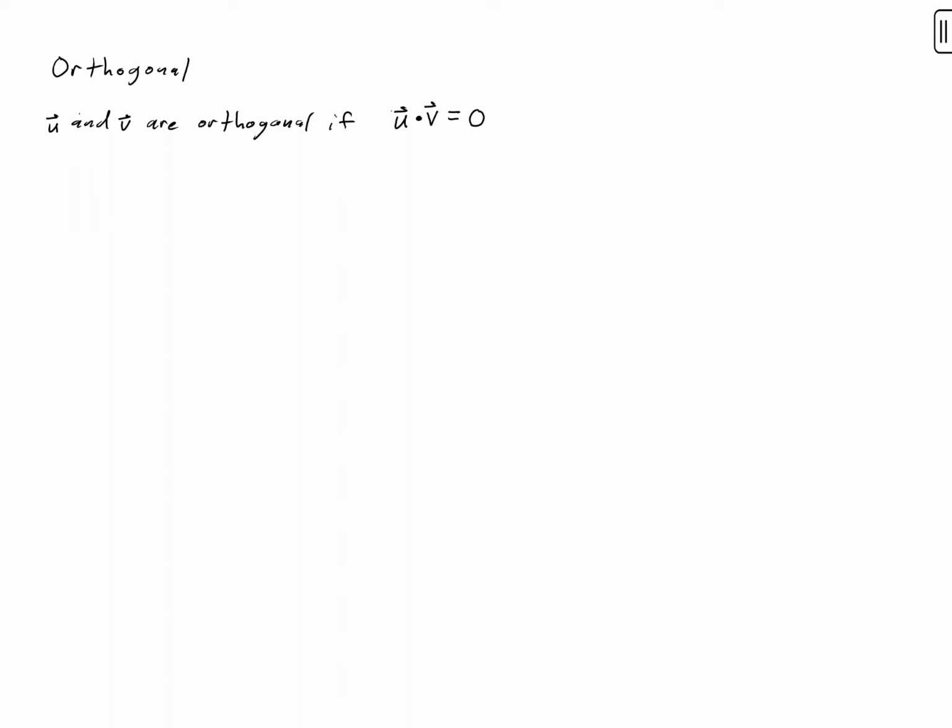The idea is, if you have some vector u, let's say it looks like this. This is my vector u. And I take the dot product and it comes out to 0, it means that the dot product is looking like this. So if I have a vector whose dot product with that comes out to 0, it means we are looking like this.